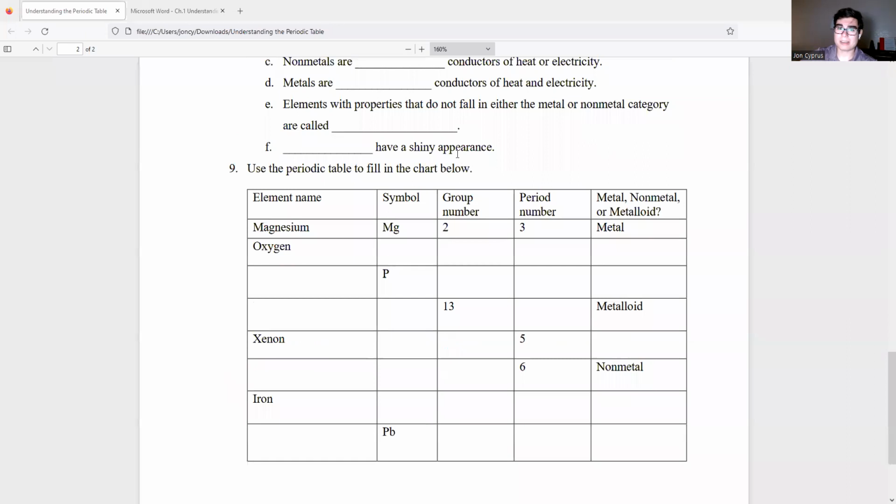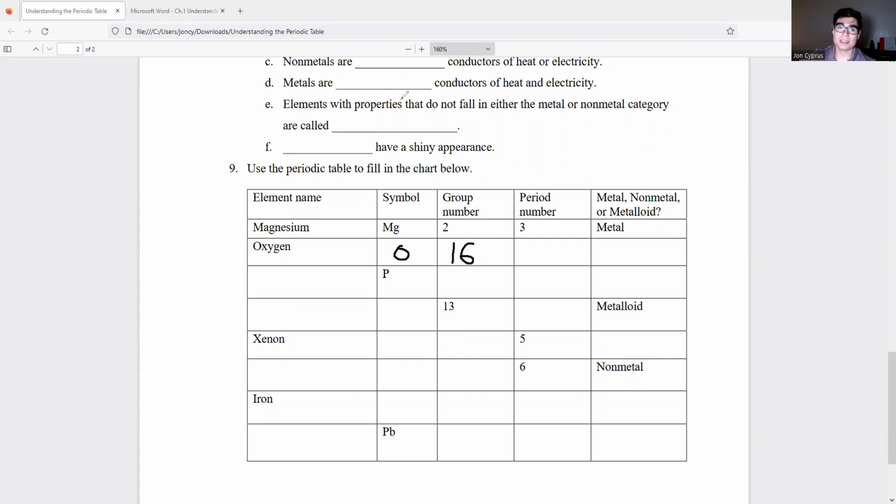Okay, now we can go down here. It says use the periodic table to fill in the chart below. So oxygen has a symbol of O. It's in the non-metal section. It's in group number 16. You can see it all the way on the right, about 2 columns, 2 groups from the very right of the periodic table.